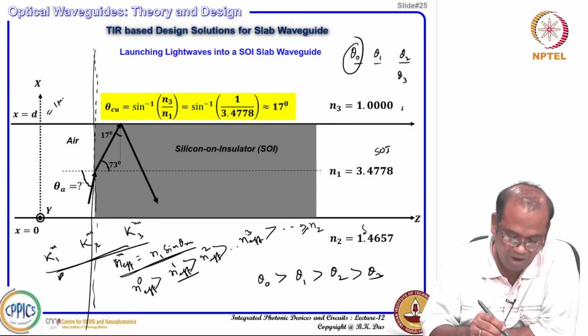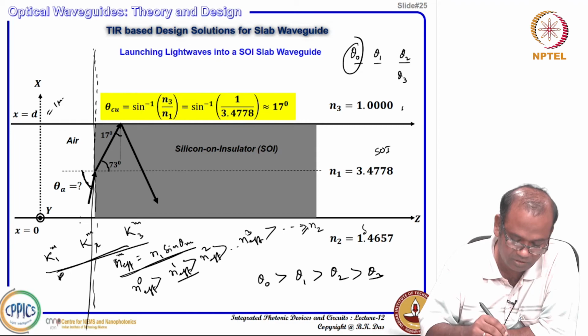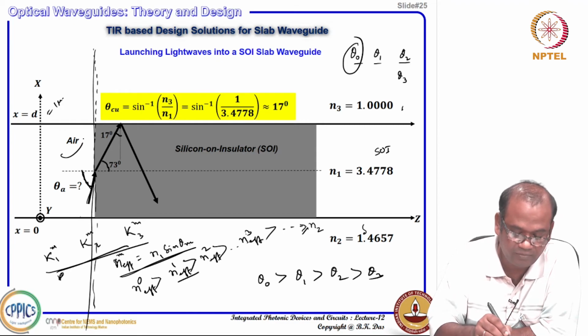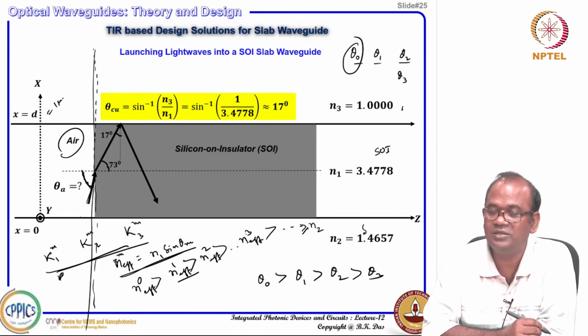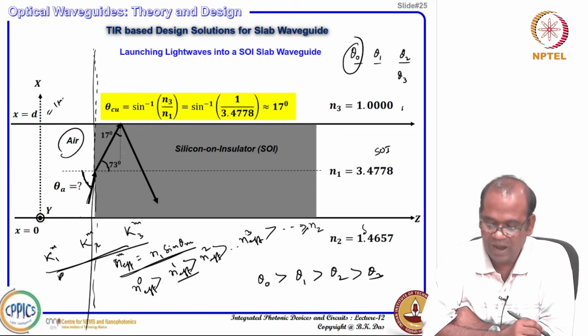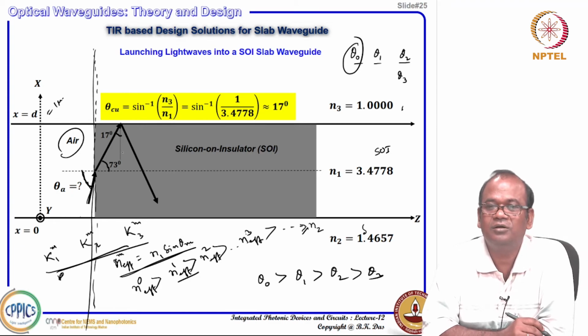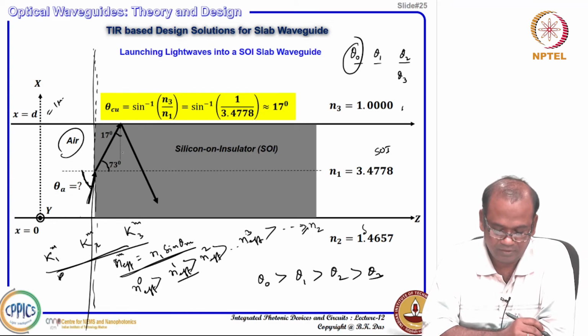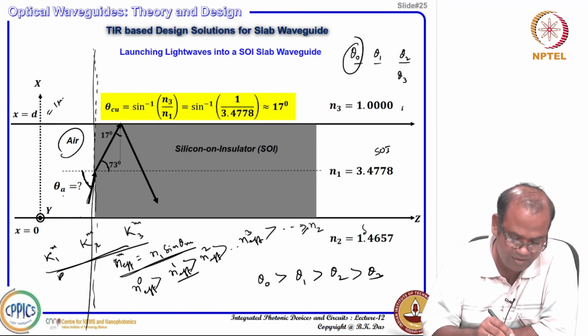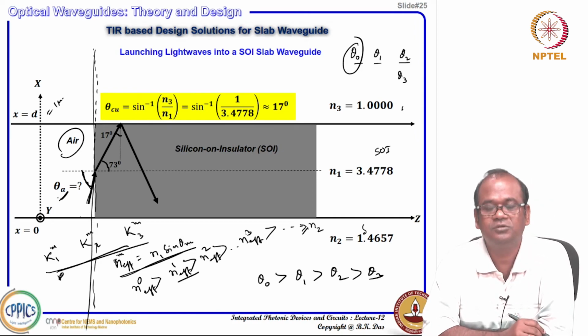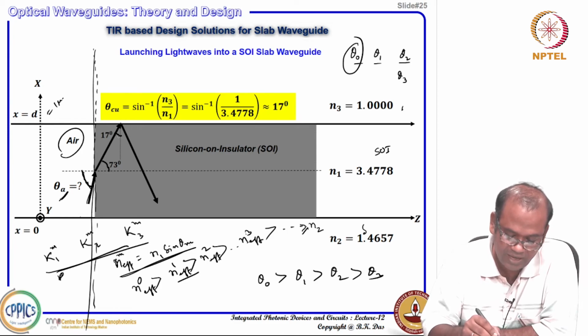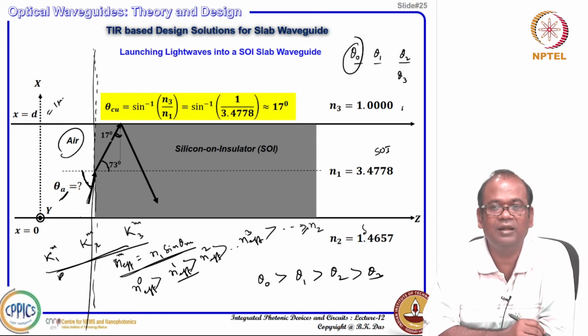Then I can ask you a question: what would be the angle of incidence from the outside, so that you get exactly theta naught? With this example I try to give you a very good calculation of the maximum possible angle you can have, so that this angle will be exactly the critical angle.